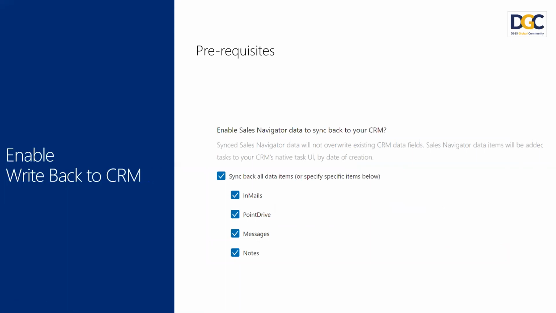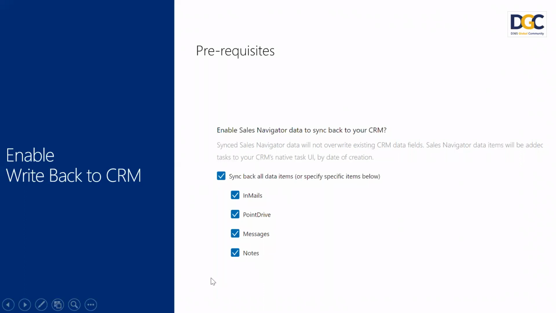And it will show me the status of my integration, how many records have already been synced, etc. And then I can perform the syncing, writing back. That means from Sales Navigator back to the CRM, I can also perform the synchronization. That's what I'm showing here. These four things: emails, messages, notes, and PointDrive presentations.